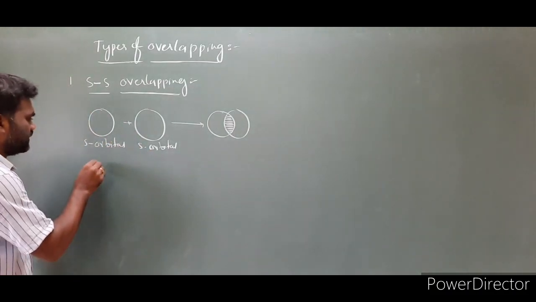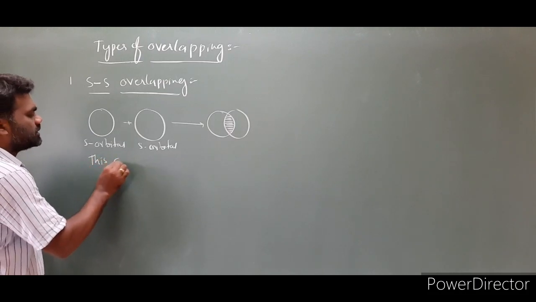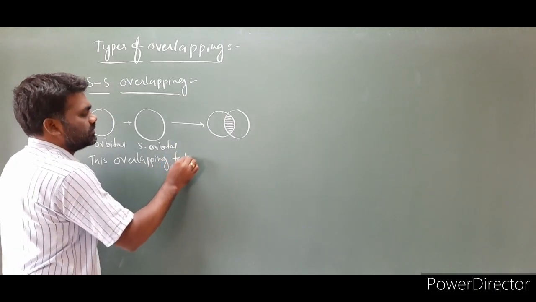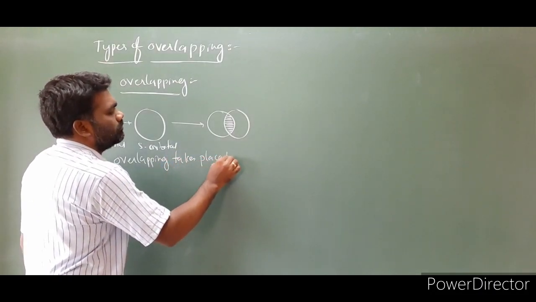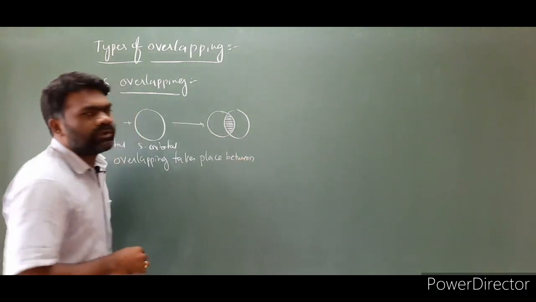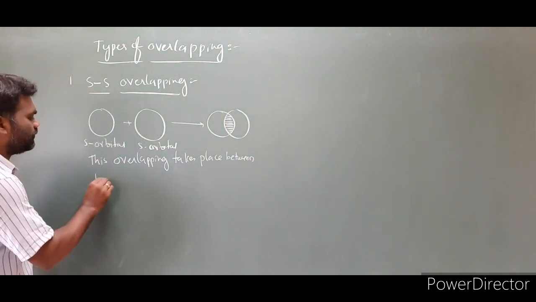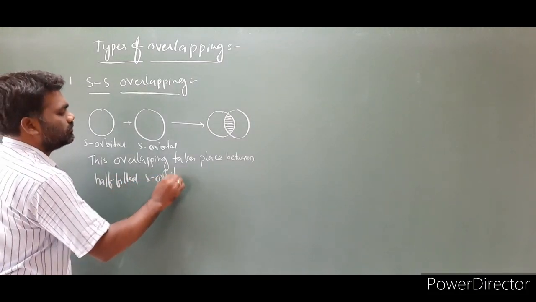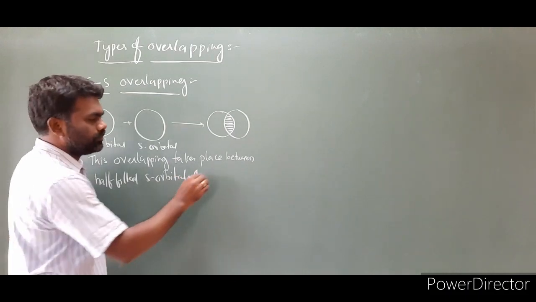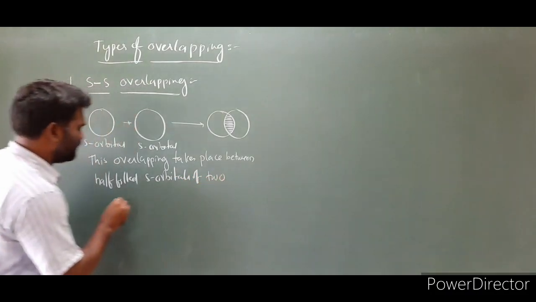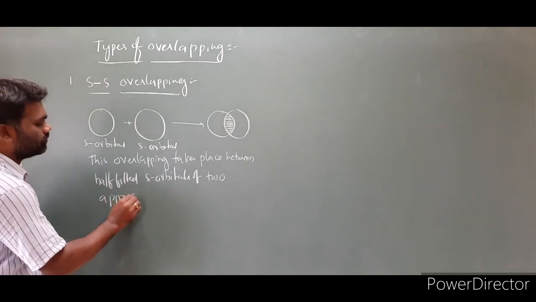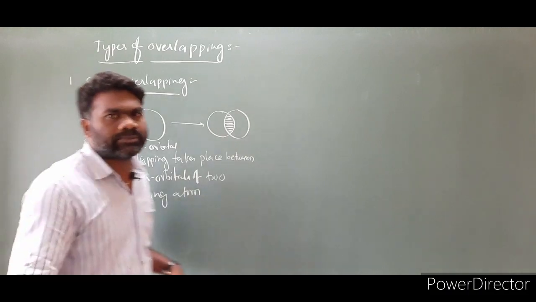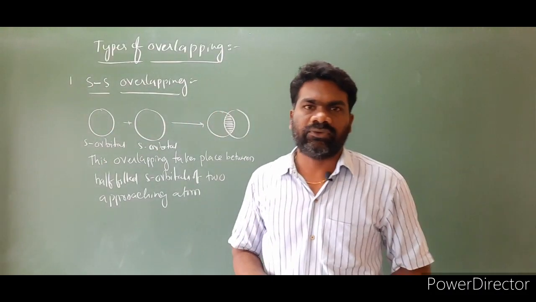Write the statement: This overlapping takes place between half-filled s orbitals of two approaching atoms. This is SS overlapping.